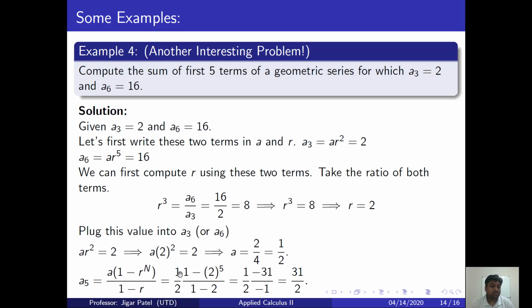Plug them in. a is 1 by 2, so I kept that 1 by 2 outside. Then I have 1 minus 2 to the 5 over 1 minus 2. Looks like I get 1 by 2 times 1 minus 2 to the 5, which is negative 31, divided by negative 1. So this is really negative 31 over 2.